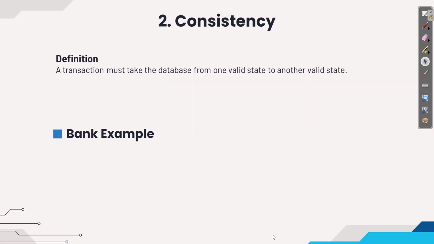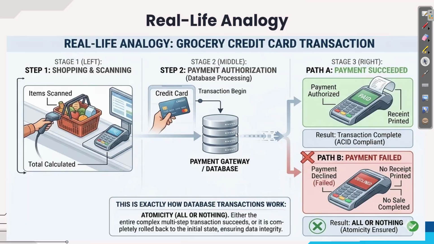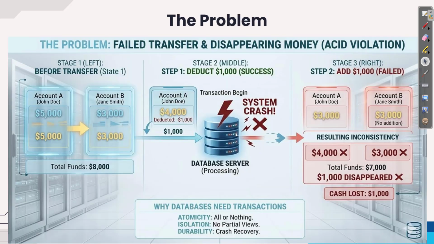Consistency. A transaction must take the database from one valid state to another valid state. So the same bank example, we have seen here. Funds should not be inconsistent.